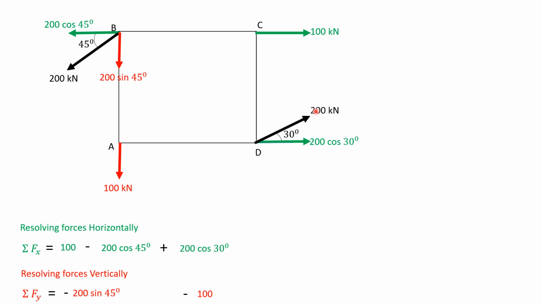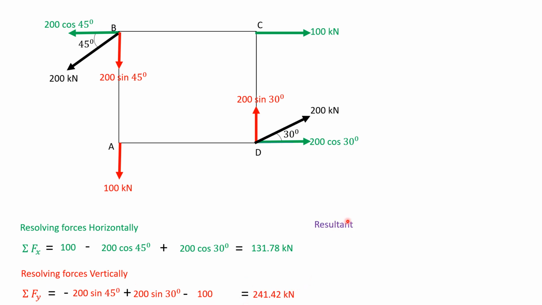Resolving it vertically, it will be 200 sin 30 degrees directed to positive y-axis, so plus. Calculating all this, we get the summation Fx value and the summation Fy value.